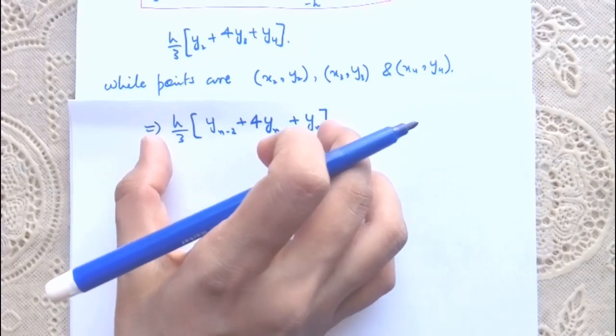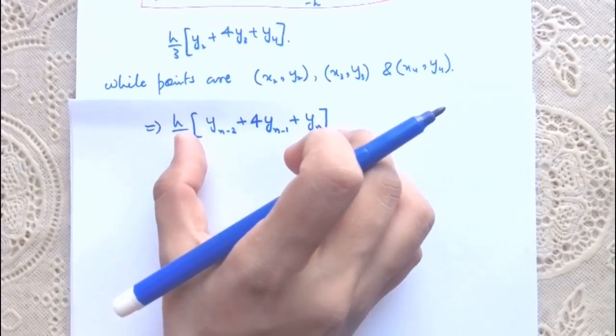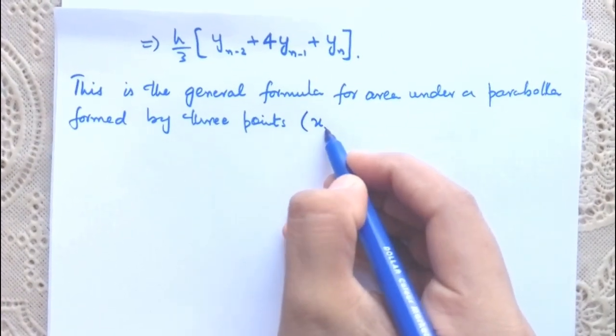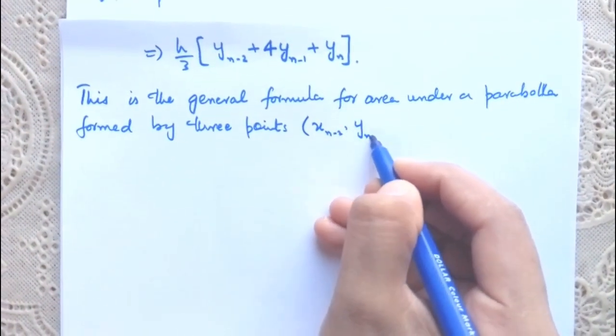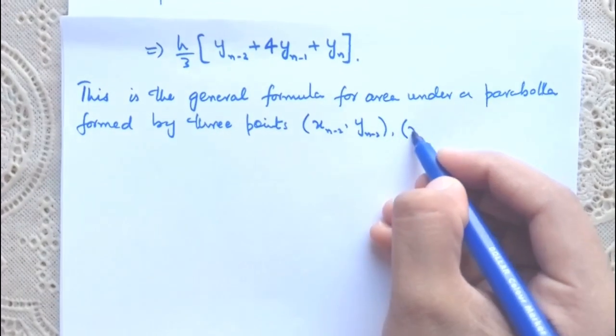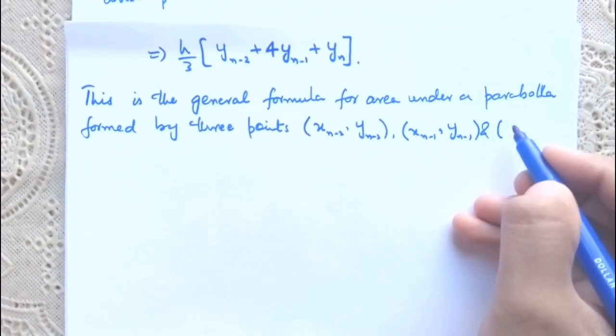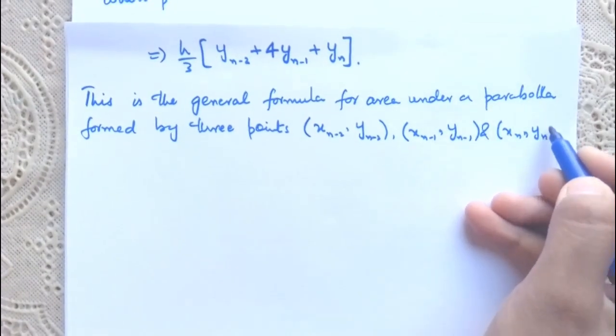Means this is the general formula for area under a parabola formed by 3 points. And generally the 3 points will be x n minus 2 y n minus 2, x n minus 1 y n minus 1 and x n y n.